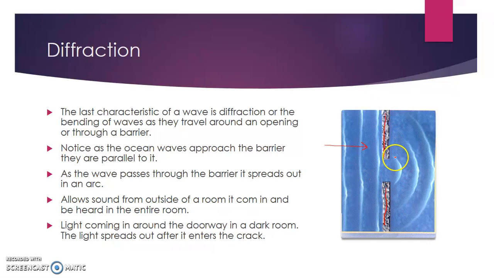As they go through it, you can see the pattern of the waves start to create this arc, or the ripple effect that you see in water sometimes. It allows sound from outside of a room to come in and be heard in the entire room. Another example is when you're sitting in your dark room and there's light coming in from under the closed door, you notice that the light is spreading out and not staying in a straight line.